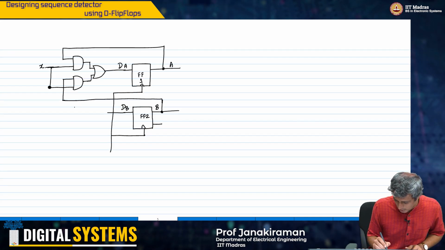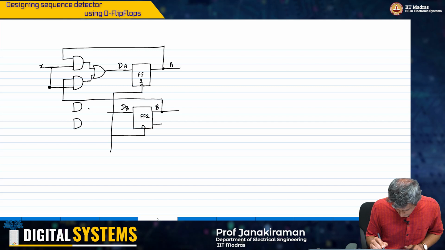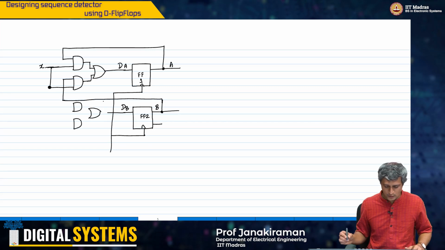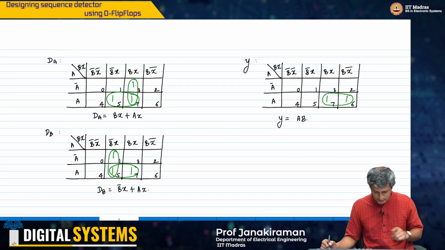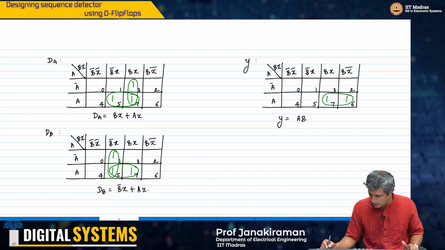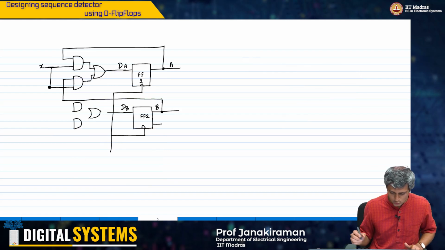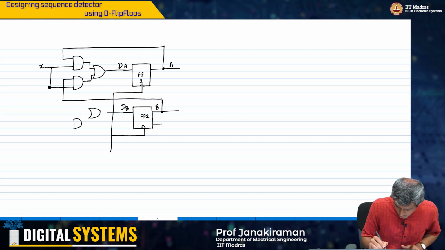It's very similar. By the way, since AX is common to both DA and DB, you could also take that output directly from here.